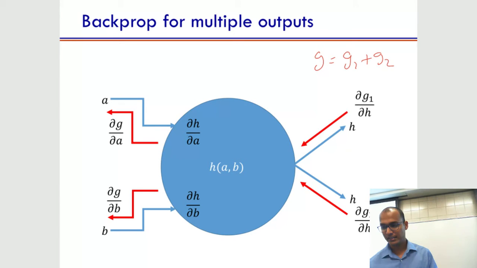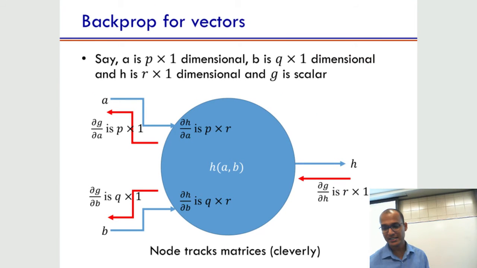And there's also a dimensionality aspect. For example, the output is a loss function, and let's say my parameter is a vector. Then the gradient of the loss with respect to the vector is going to be a vector. The gradient is always the same dimensionality as the input that drives it. So let's say my incoming gradient is a vector, and my current computation h has inputs a and b, which are also vectors.